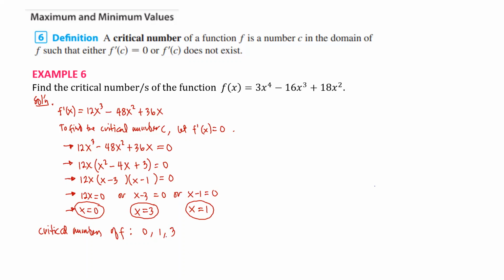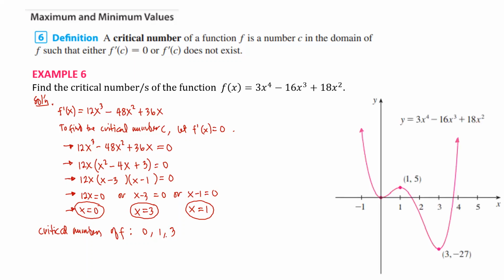Now, if you look at the graph, you will notice that the values corresponding to these 3 critical numbers correspond to a local maximum or local minimum, or one of them is actually the absolute maximum or absolute minimum.